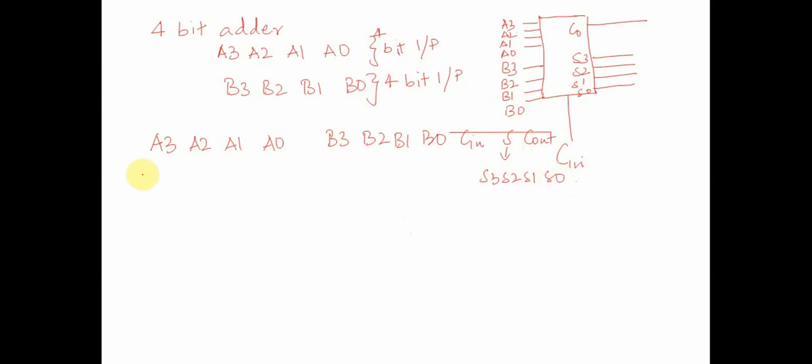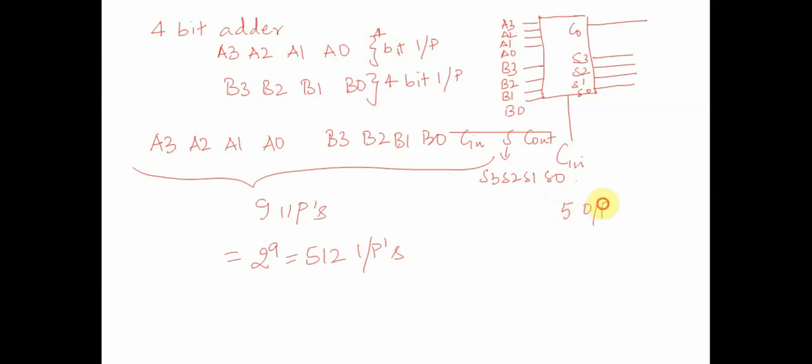So how many possible combinations of this will we have? We have 9 inputs, so the number of possible combinations will be 2 raised to power 9, so 512 inputs. So we have to draw a truth table with 512 entries. And after we draw 512 entries, we will have to calculate the circuit for 5 outputs, S3 to S0 and C out.